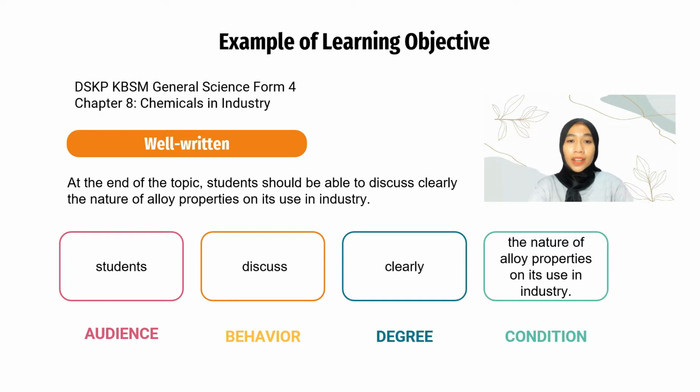Students is classified as the audience. Discuss is a verb chosen from the Bloom's Taxonomy level, and it states the behavior. Clearly is the degree or level of proficiency. And the last one, the nature of alloy properties and its use in industry, is shown as the conditions.